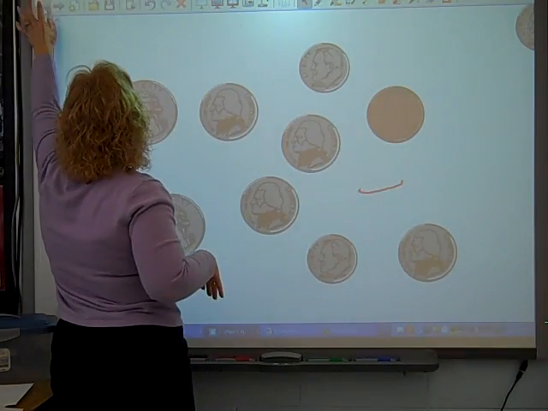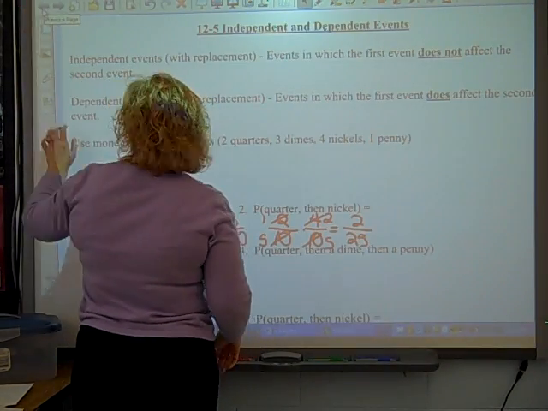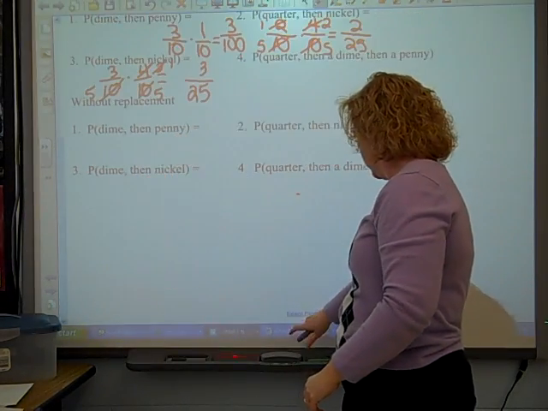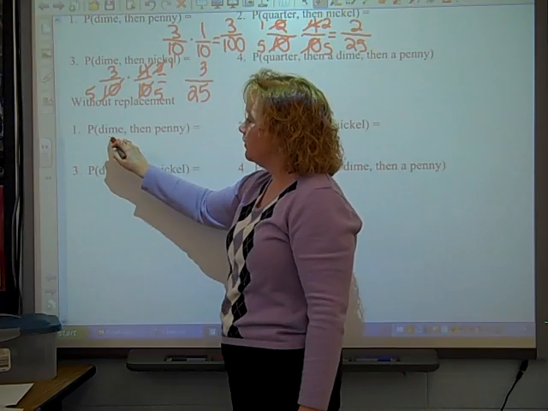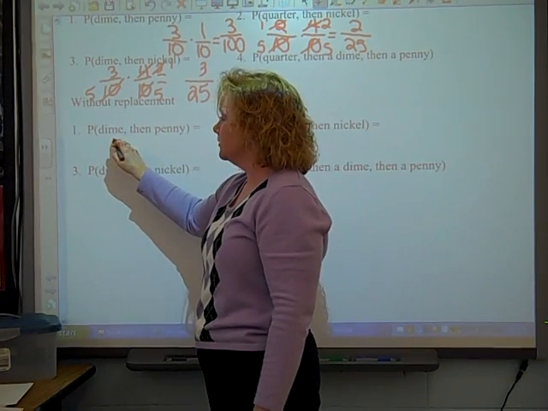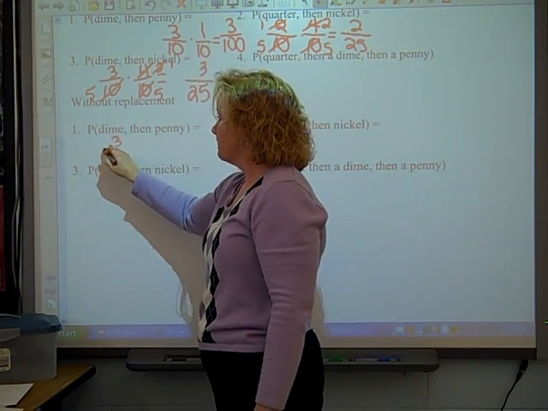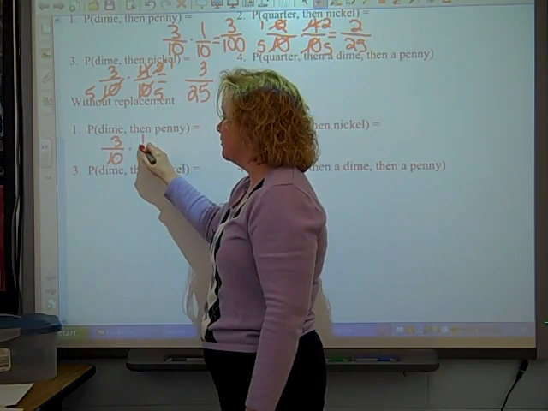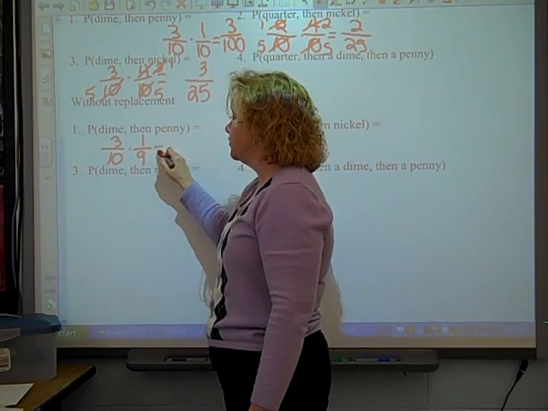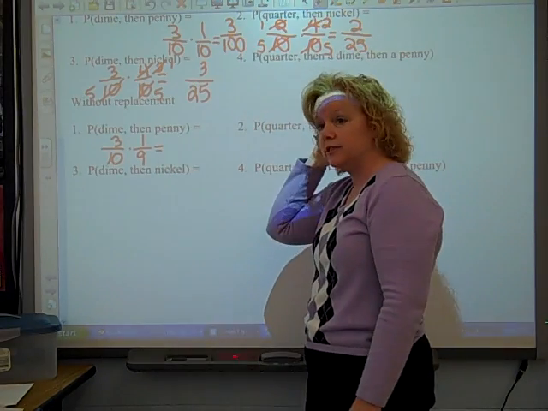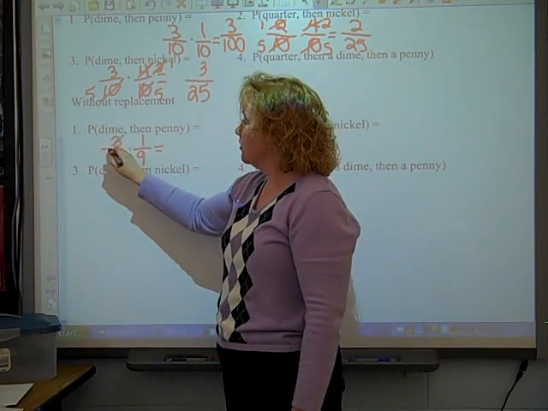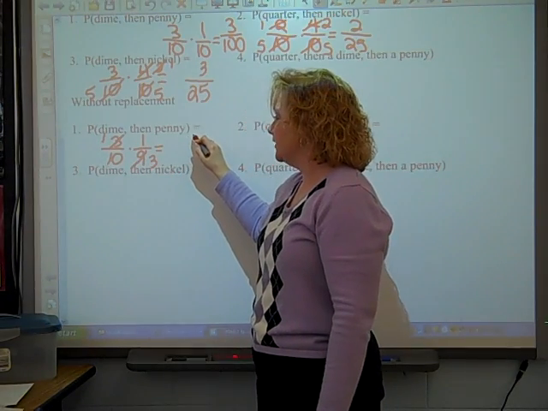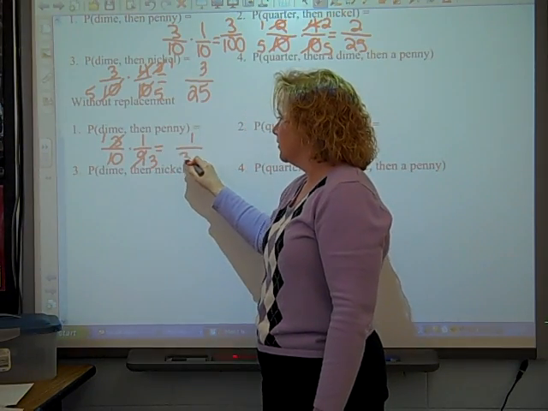So what did we say the probability of the dime was? 3 out of 10. And then we did not replace that dime, so the penny became 1 out of 9, because there were only 9 coins there. I would reduce. This becomes a 1, this becomes a 3, and I get 1/30 for my answer.